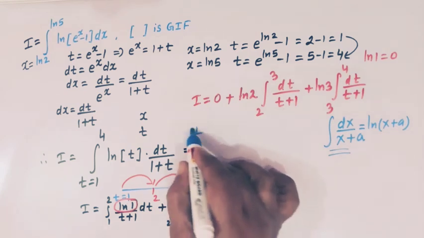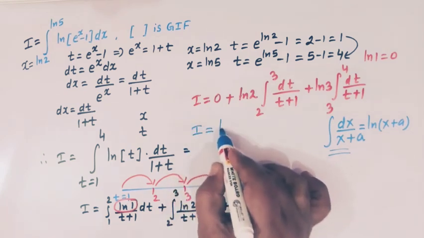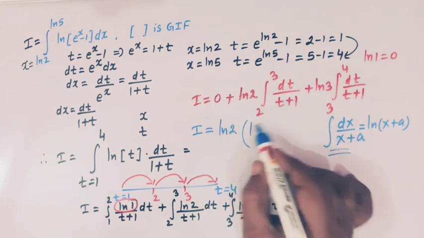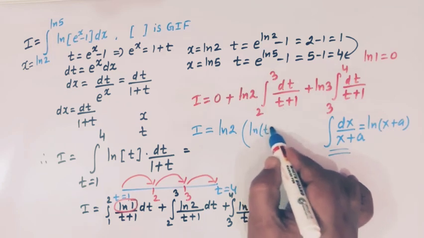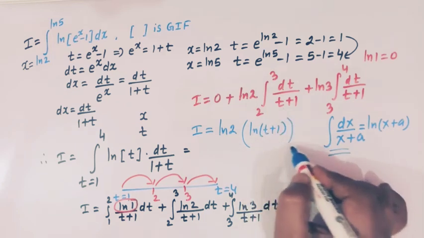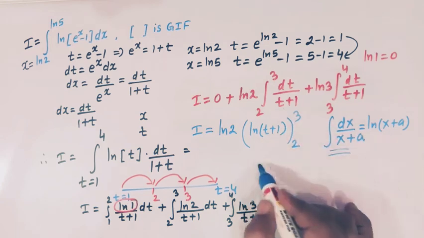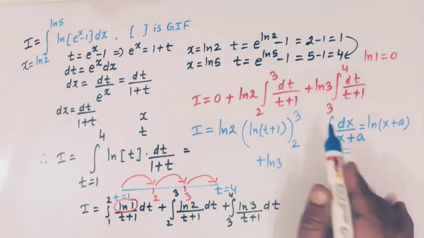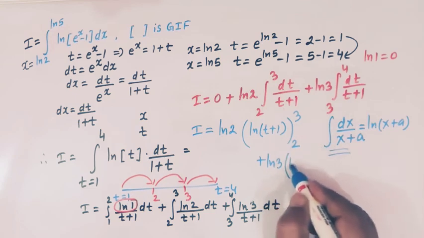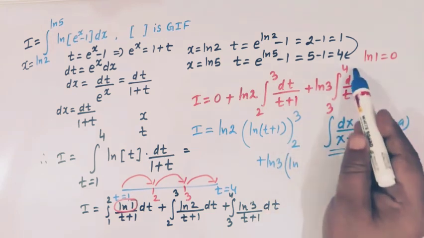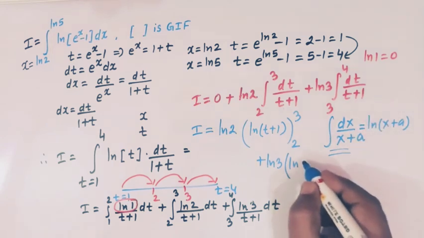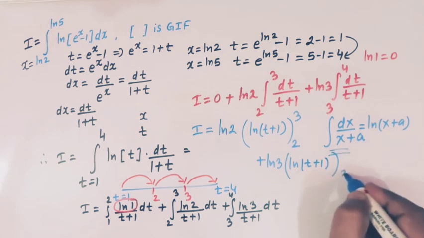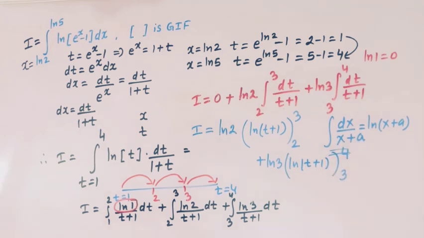So now we can write I is equal to log of 2, and here we have log of t plus 1, the limits are from 2 to 3, and here we have log of 3, and the integral of 1 over t plus 1 is log of t plus 1, and here we have limits 3 to 4, right?